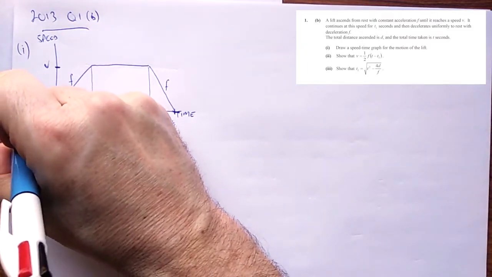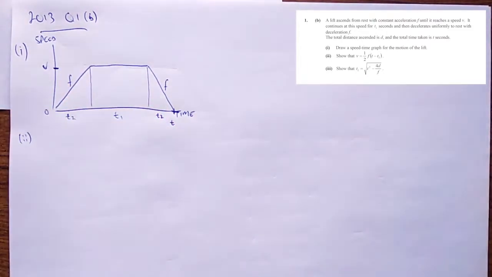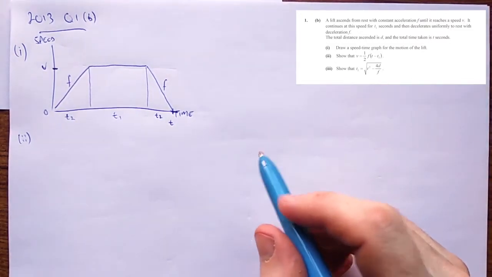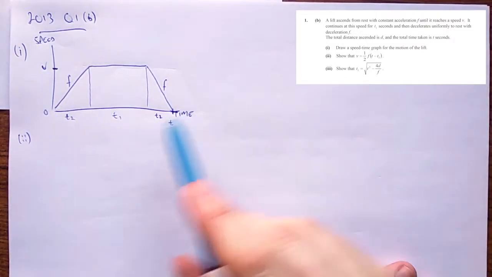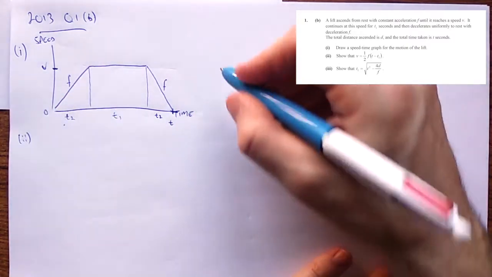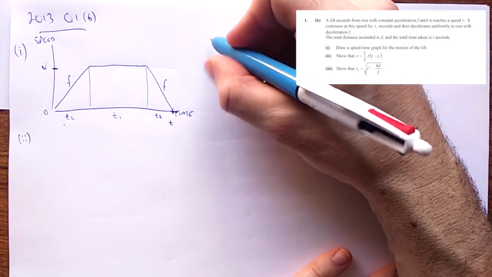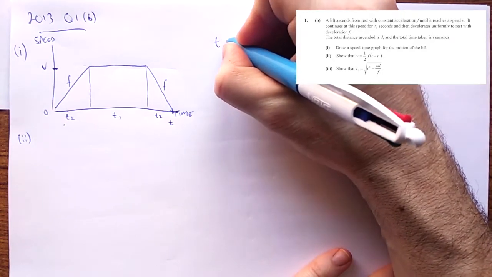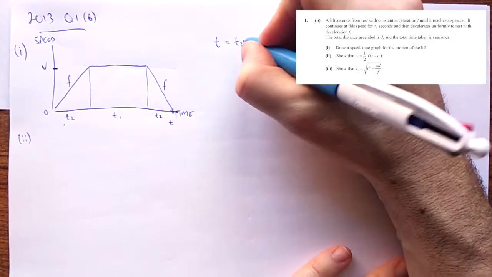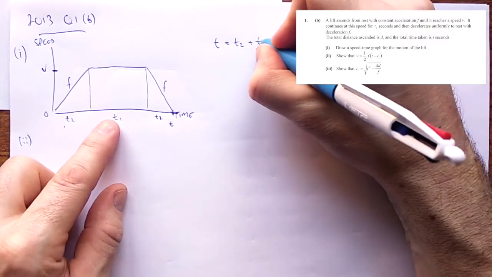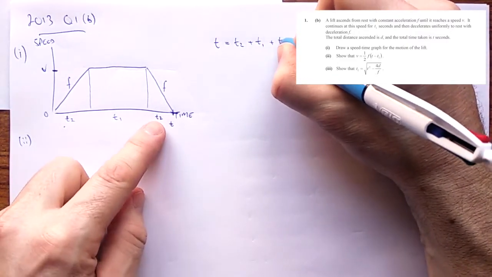Part 2. Show the velocity is half f t minus t1. Now if we look at that equation, what I don't see in there is t2. So let's get rid of that. So if we just take a little bit of space over here, we know the total time t is t2 plus t1 plus another t2.